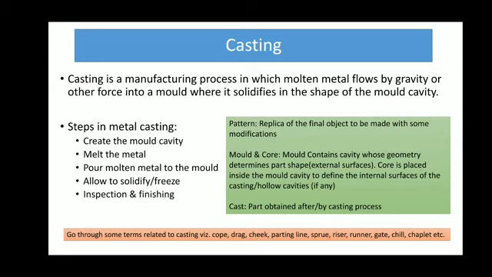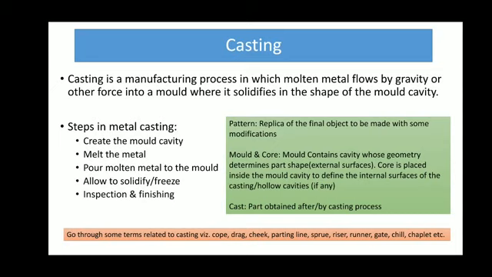So what is the meaning of this cool down? If we are talking about molten metal, we already know that most metals in their normal form are in solid form. If we have to melt it, definitely we have to heat it. Only by heating will we be able to melt it, right? We have to heat it beyond its melting point, and then it will be in the molten state.